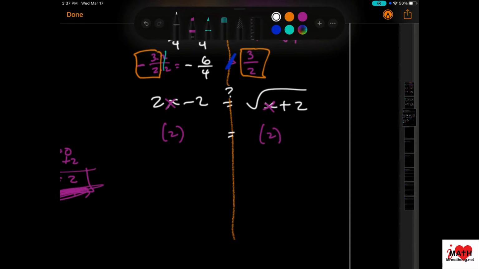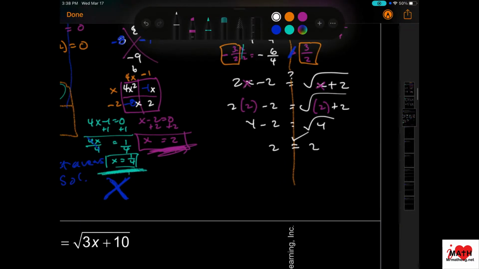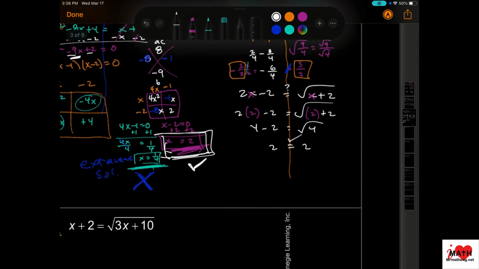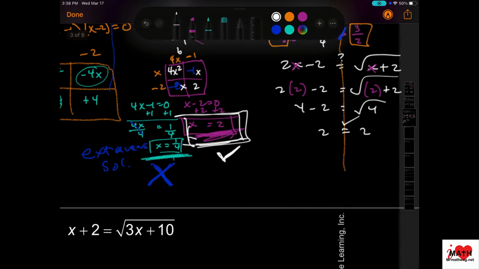We're not sure if they're equal. So 4 minus 2 gives me 2. 2 plus 2 is square root of 4. Square root of 4 is 2. Okay, so the answer in this problem is only x equals 2. X equals 1/4 was an extraneous solution.